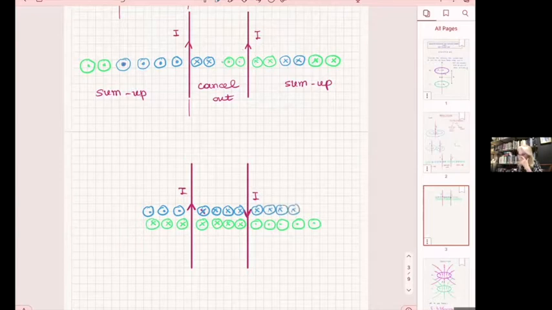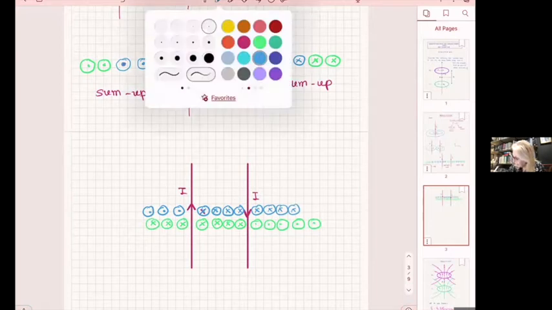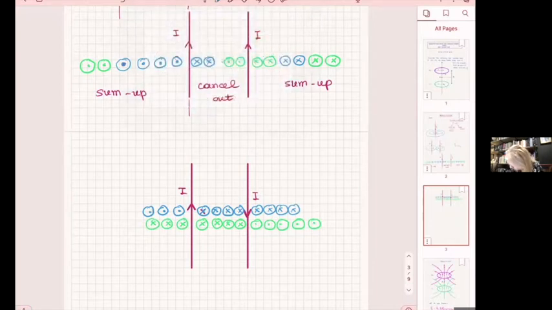All right, so what happens with these ones? They sum up here in the center. And they cancel out here.